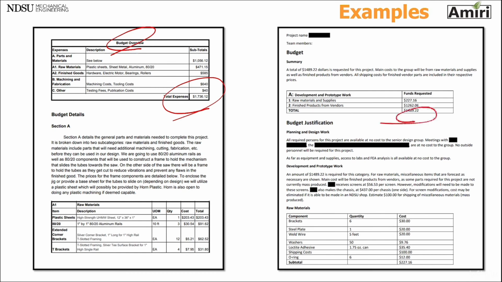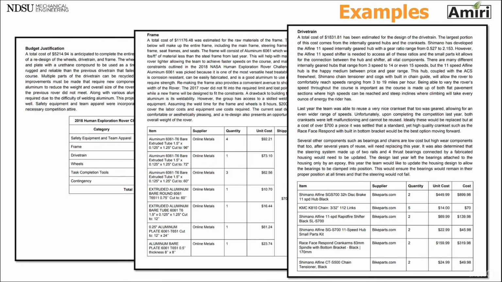So this team had raw material and supplies and finished products from vendors. So it has a total, but then when you move on, you get to see more details about the budget and what each category entails. This is another example from a student competition. I think this is from a NASA human powered rover, which they have more parts and more design to their project, so their budget is more extensive.